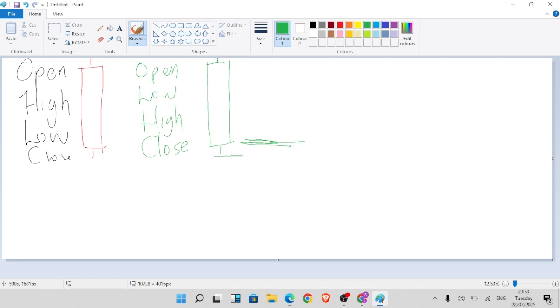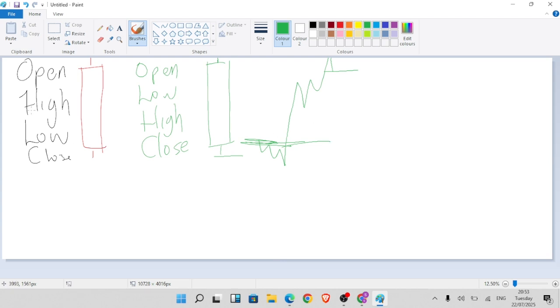In the lower time frame, let's say the 5-minute time frame, this is what happened. Price opened and then formed a low, and then went high. Formed a high, and then came down and closed. So that is how it will look in the lower time frame.